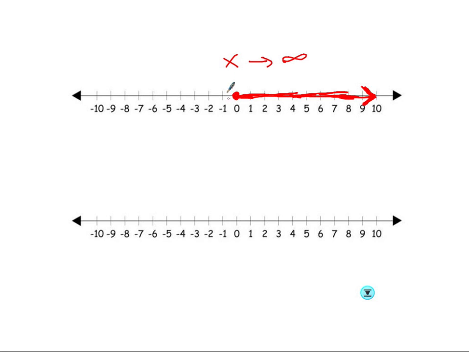We also had a graph where you go to the left, and you keep on going to negative, negative, and negative numbers. So basically, instead of going to infinity, you're going to negative infinity.